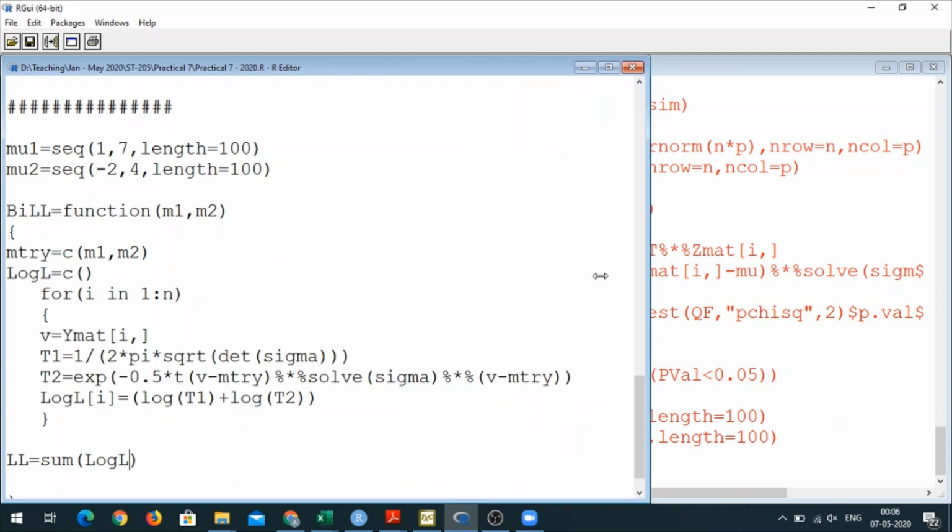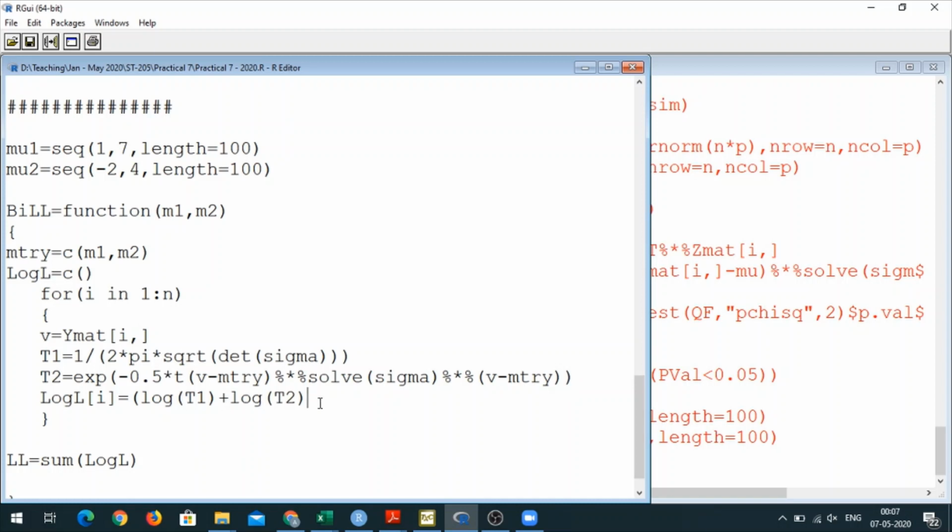Let us try to see what we are doing exactly. So we are trying to compute log likelihood for some value of mu, some possible value of mu, which is denoted by m1 comma m2. I am taking the ith observation, computing PDF at the ith observation, taking log of it.